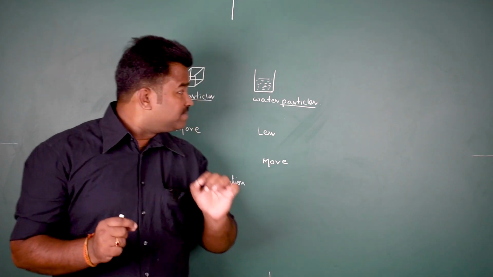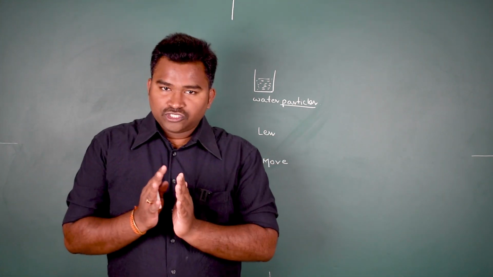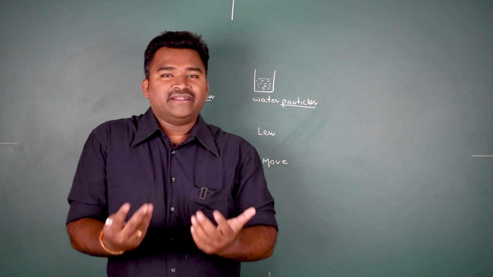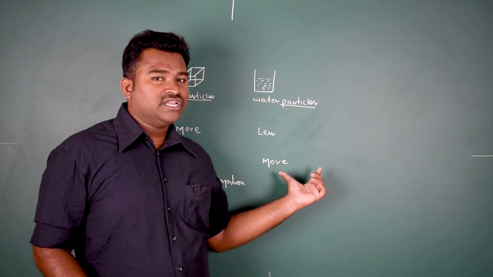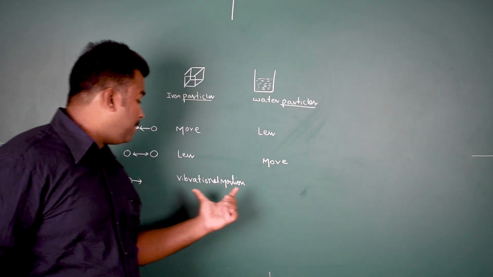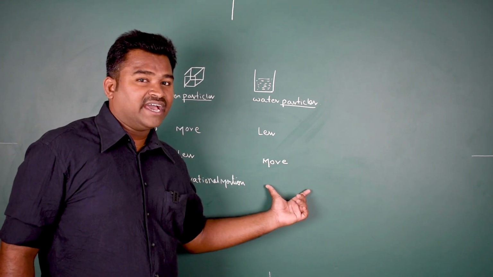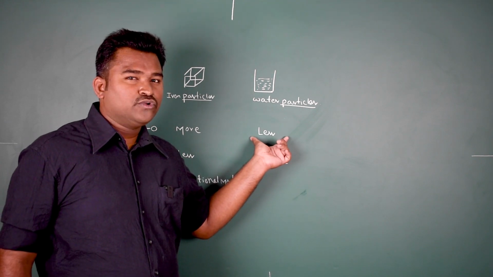So this tells me that the medium in water has more space, and similarly the particles of water have better kinetic energy compared to that of the iron. Hence they are moving better compared to the iron. Why do they have more energy? If you look at the particles of water, they are less attracted to one another.